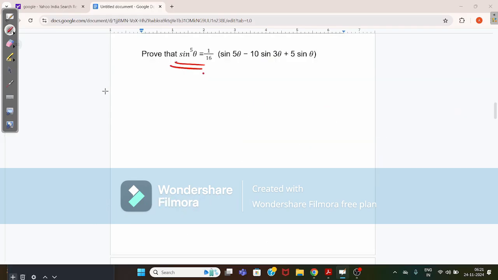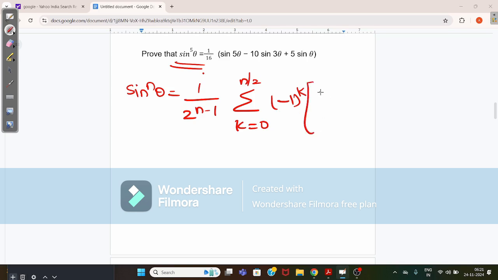For this to solve, first we have the binomial expansion. Sine power n theta gives the value here 1 by 2 power n minus 1 into the sum over k is equal to 0 to n by 2 of minus 1 whole power k, n choose k, sine n minus 2k into theta.